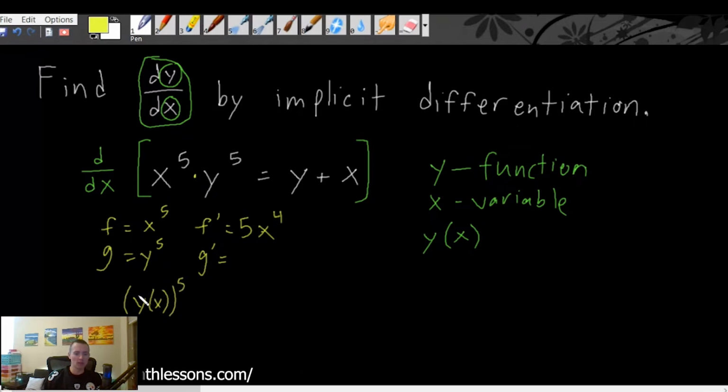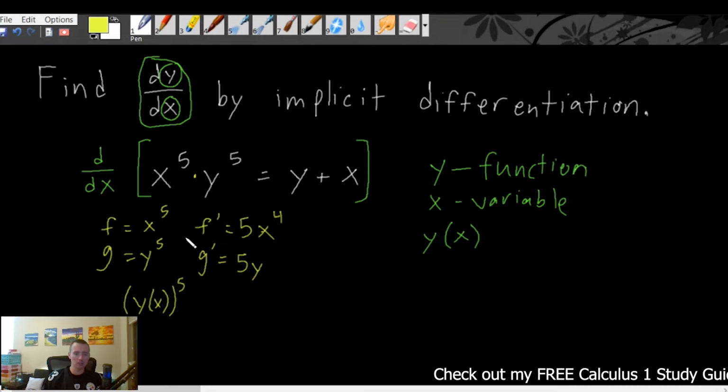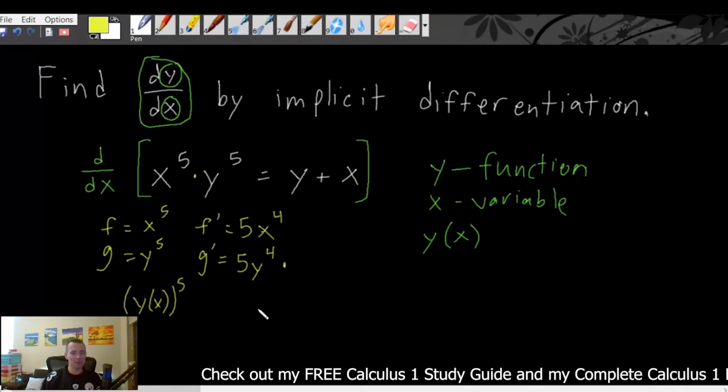So chain rule says we have a function within a function. Well, the chain rule is just going to be taking the derivative of the outside part, so moving the 5 down in front, keeping the inside the same, keeping our y as y, lower the power by 1, so make it a 4, and then by the chain rule, we need to multiply this by the derivative of our inside function.